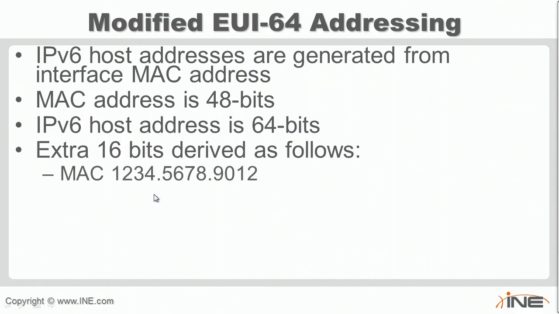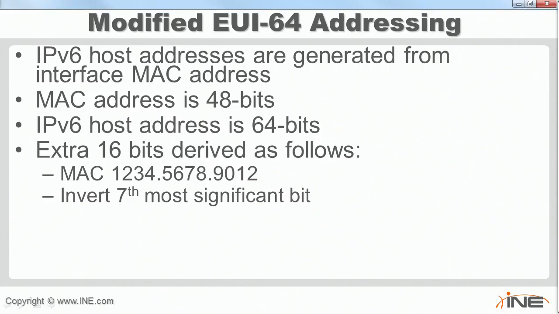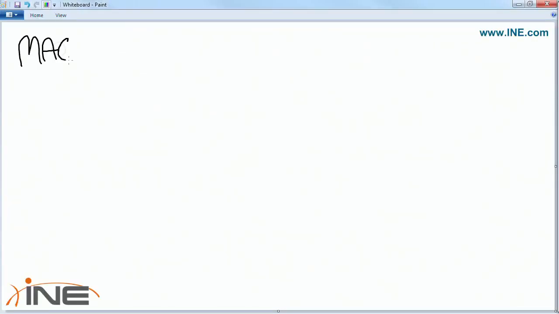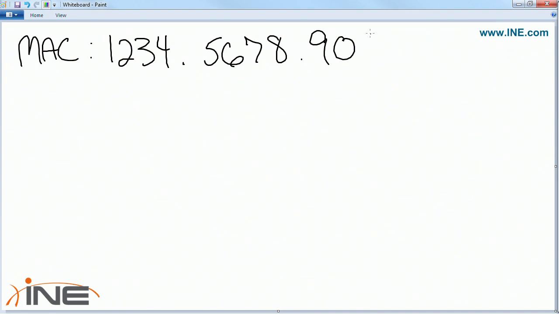It takes your MAC address, and in this case, let's say the MAC address is 1234567891012. It's going to take the 7th most significant bit. Each of these 2 groupings is 1 byte, because the MAC address is in hex, just like the IPv6 address is.